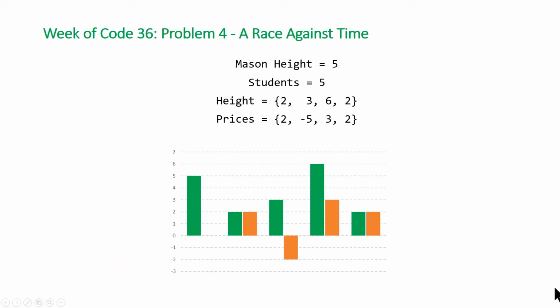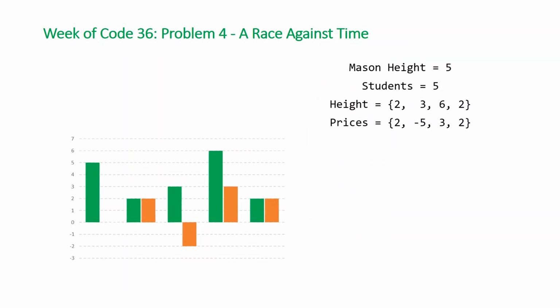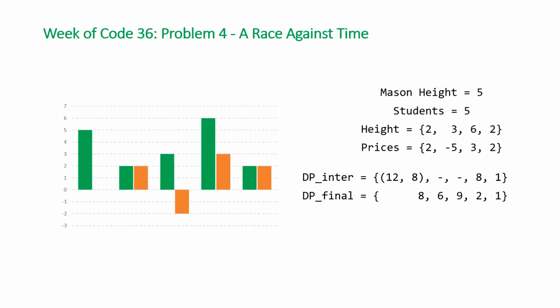So let's take a look at how this whole algorithm would work out if we worked through it on paper. You can see here that I have these two additional vectors, dp inter and dp final. dp final is the actual values of what I mentioned before: if Mason was each of these other students, what would be the answer to the problem at that point.